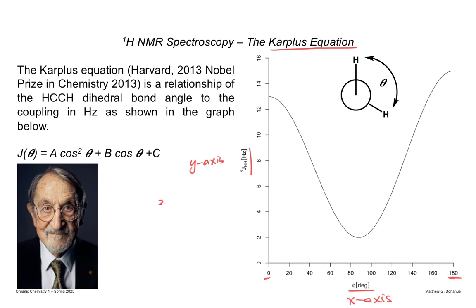Notice it's written as 3JHH. So what does the 3 mean? The 3 just means the number of bonds. So 1, 2, 3. The H and the H are just the two elements that are coupling.